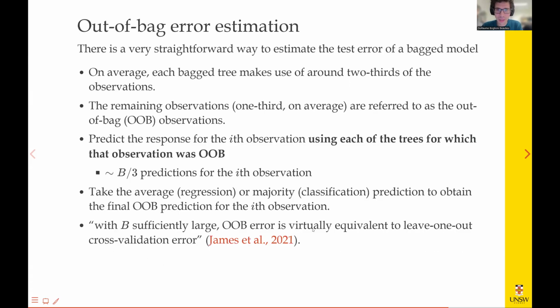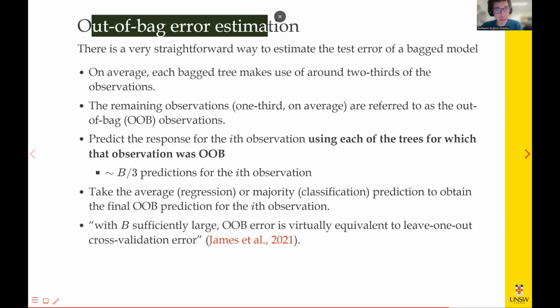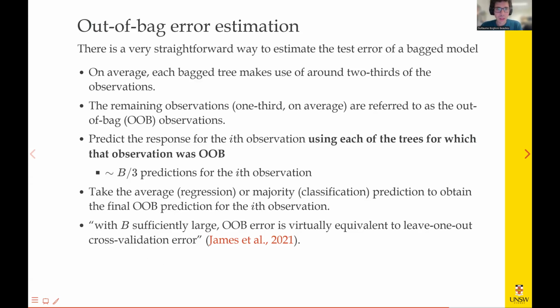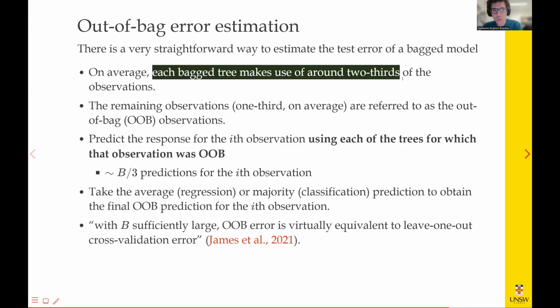What do we mean by that? Let's review the slide, which is actually called out-of-bag error estimation. So you can do the maths. On average, each bagged tree makes use of around 2/3 of the observations.